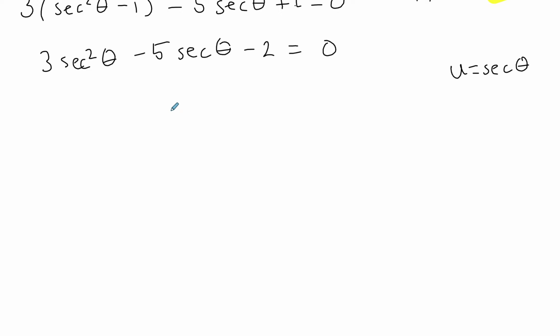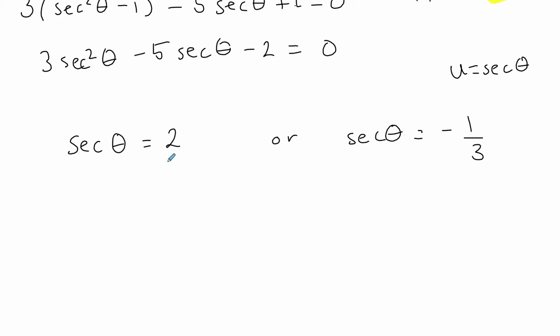This can be done without a calculator, by the way, all until the end of the question. You could use a quadratic formula to find the values, and it's going to end up giving you that secant theta is equal to 2, or secant theta is equal to negative 1 over 3. So all can be done without a calculator.